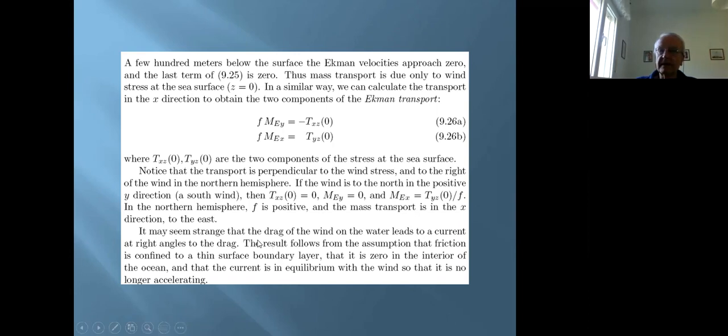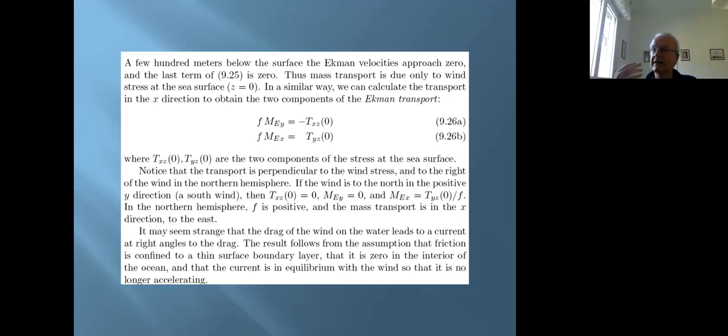As we said before, it may seem strange that the drag of the wind on the water leads to current at right angles to the drag. The result, in fact, follows from the assumption that the friction is confined in a thin surface boundary layer, that it is zero in the interior of the ocean, and that the currents are in equilibrium with the wind, so that there is no acceleration.